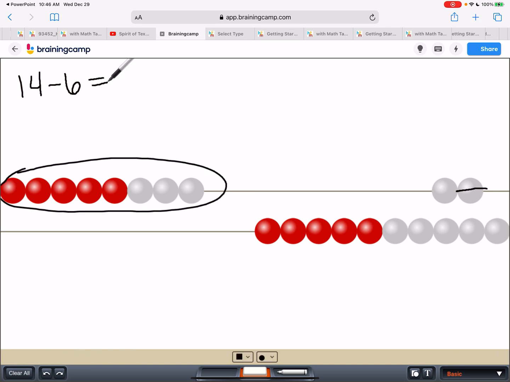So 14 minus 6 is 14 minus 4, which got us to 10, minus 2 more, which gets us to 8. Here is where we got to 10 first, and then we subtracted the rest to get to that 8.